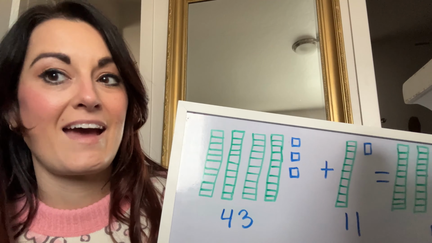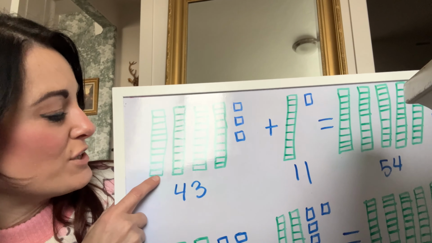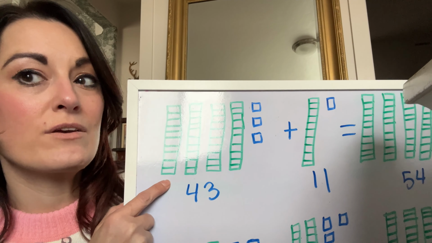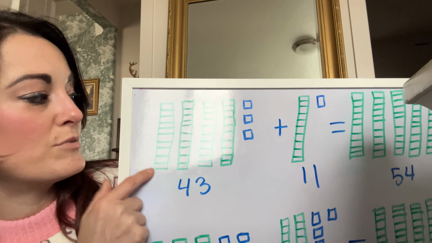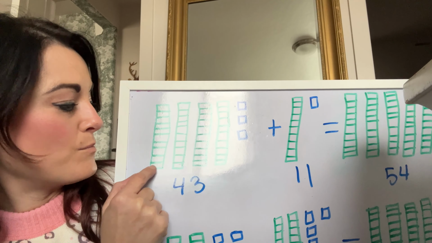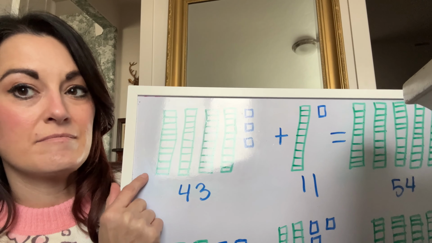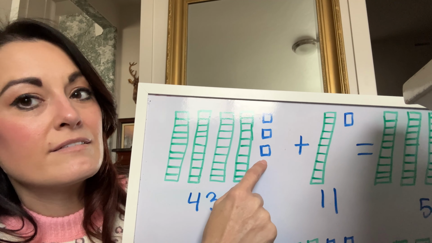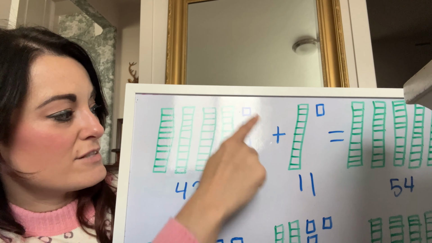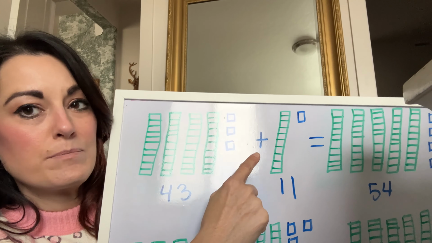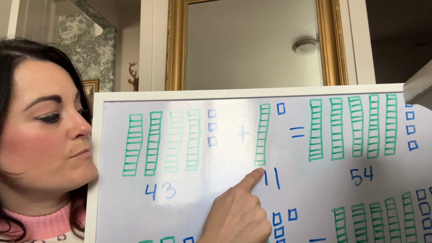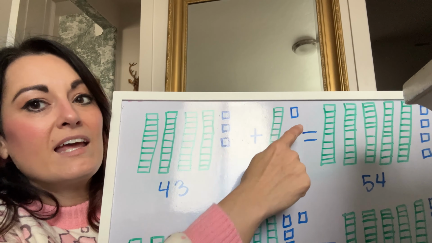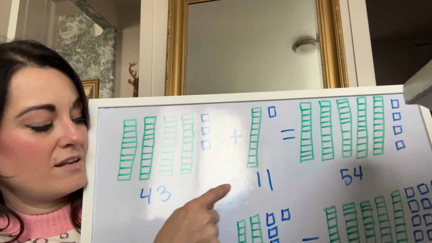So we're going to be adding, and as a review, we know that the green one is a set of 10, which makes 1 ten, and we have 4 tens. And the blue is a 1. So that makes 43. And then we have the plus sign, and we have a group of 10 and a 1, which makes 11.